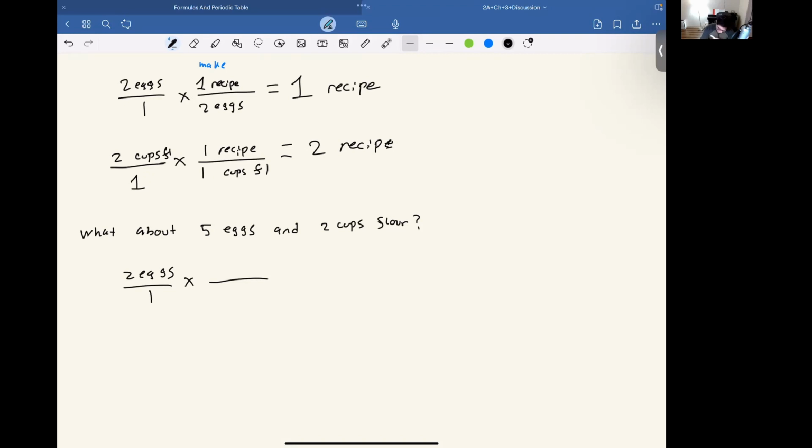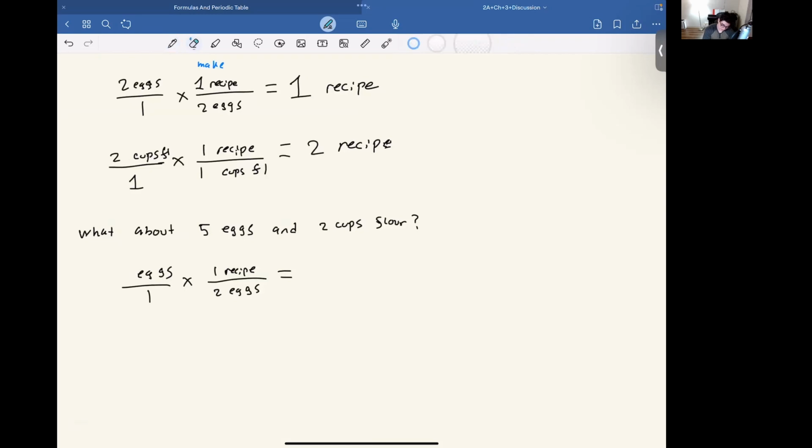So what about 5 eggs and 2 cups of flour? Well, every recipe costs me 2 eggs. So I start with 5 eggs. If you do the math, you get to make this recipe 2.5 times.